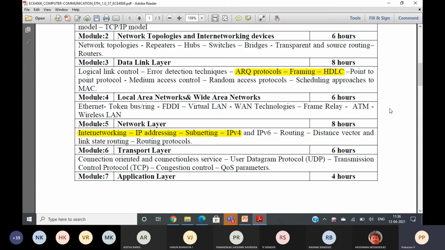Kindly note down, this is the portion for CAT2. In framing, I think we have seen a few problems also; you can see those problems.